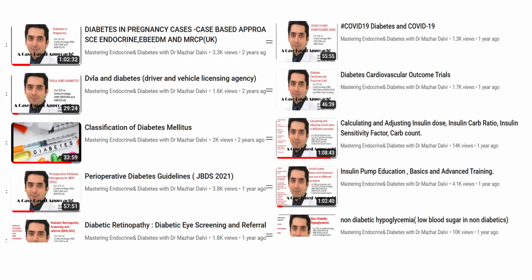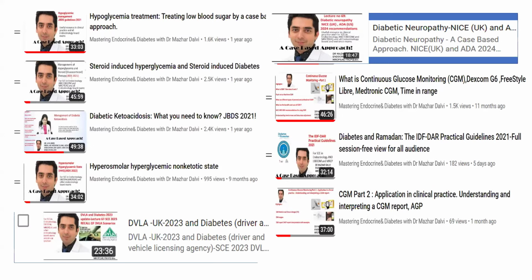Then there is a detailed session on insulin pump education, the basics and the advanced training. There's a session on case-based approach to scenarios of non-diabetic hypoglycemia. Hypoglycemia treatment as per the JBDS guidelines, steroid-induced hyperglycemia and steroid-induced diabetes, again as per the JBDS guidelines, diabetic ketoacidosis, an excellent session from Dr. Hia, again based on the Joint British Diabetic Society guidelines.